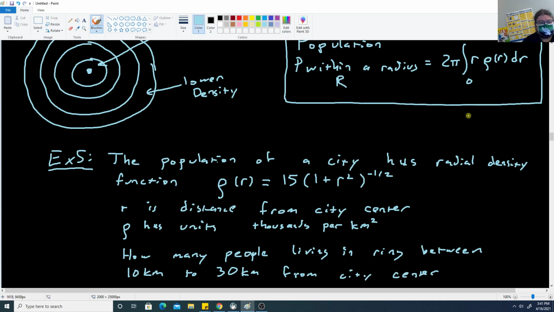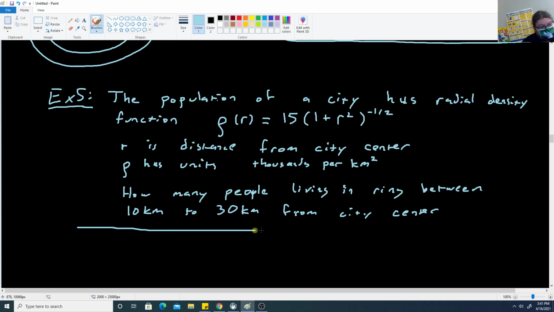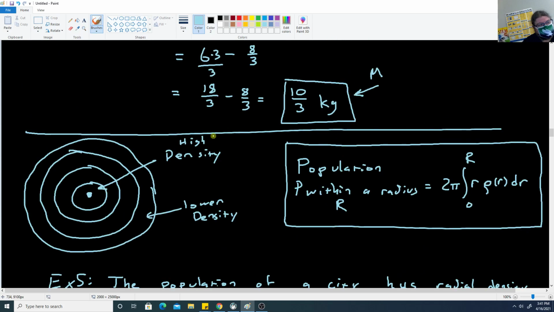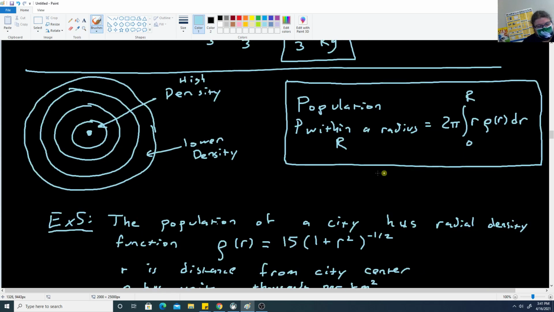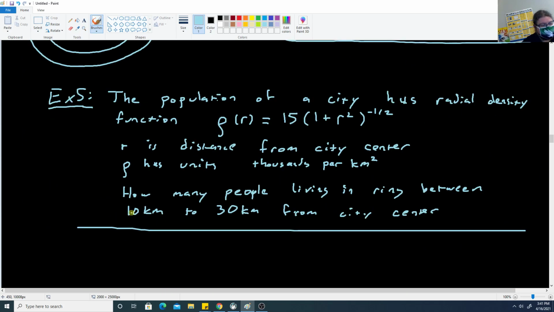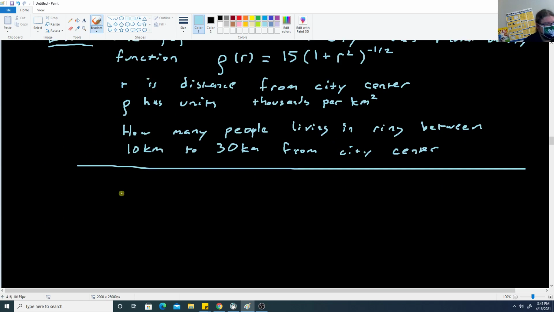Okay, so we're going to be asked to calculate a radial population. So instead of starting at the city center at 0, going from 0 up to R, our limits are going to start at 10 and go to 30. So we're going to have the integral from 10 up to 30.